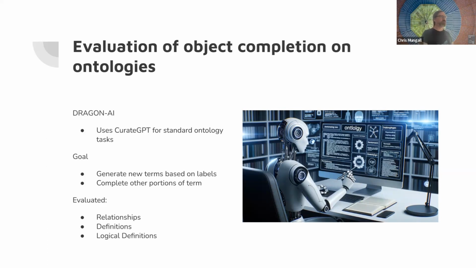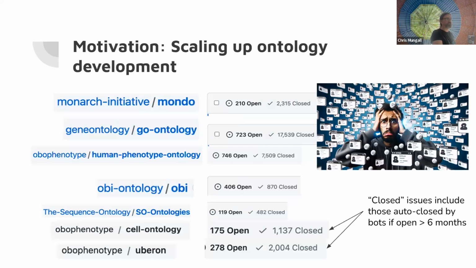The pipeline that we have here is called Dragon AI, and this is essentially using the CurateGPT loaders and object completion over ontologies that have been loaded into the vector database. The basic idea is that we want to generate new terms based on labels and complete other portions of the terms. And we want to evaluate how well this does for predicting relationships, definitions, textual definitions.